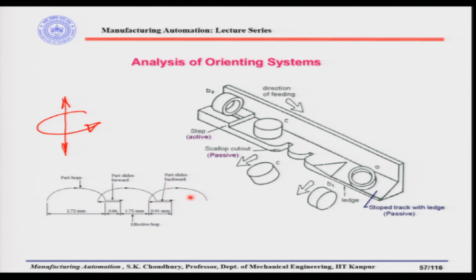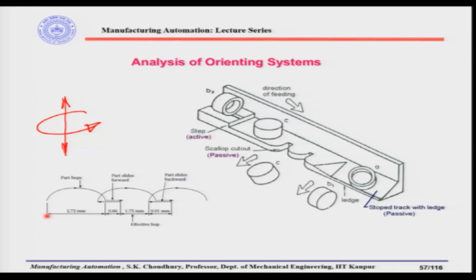Now, let us say that this hop from this point to this point is 2.72 millimeter for a certain value of the frequency and amplitude of vibration, and a certain value of the vibration angle. Let us say the vibration angle normally used is 20 degrees. So, for that let us say this hop is 2.72 millimeter.